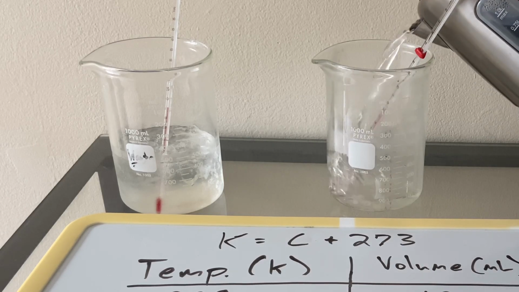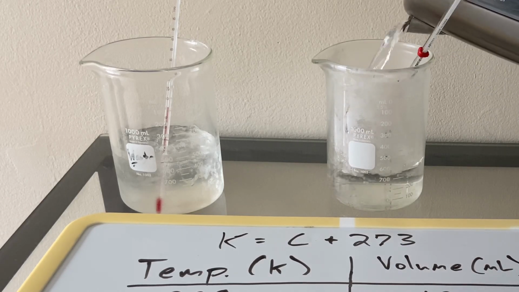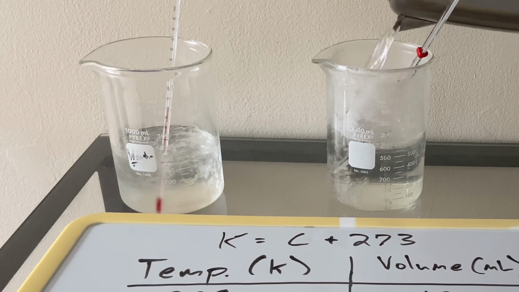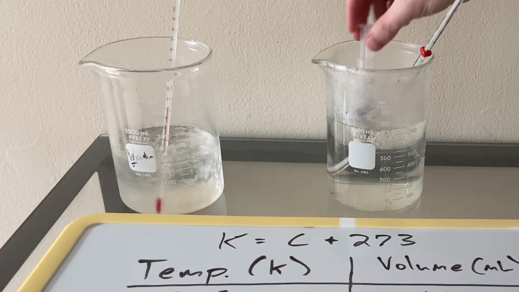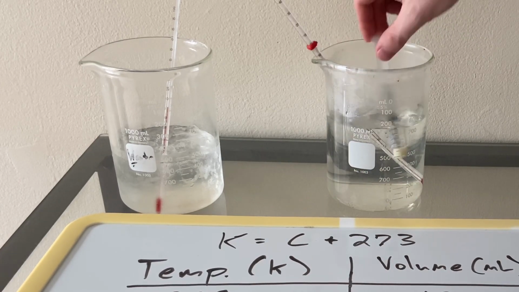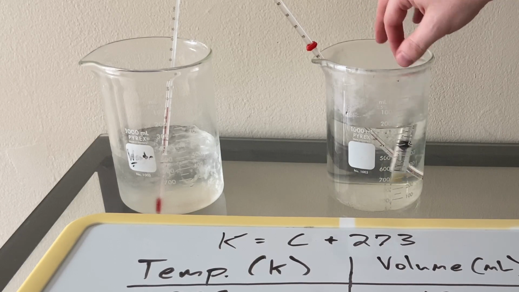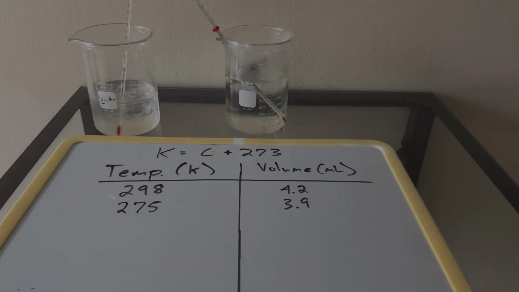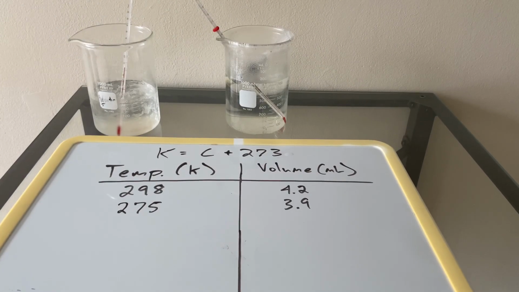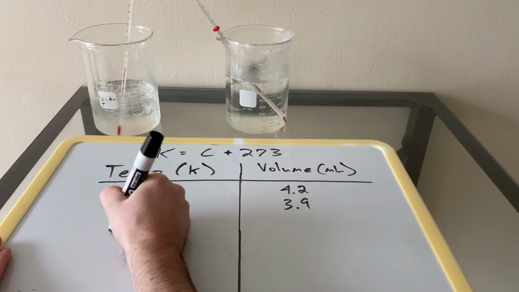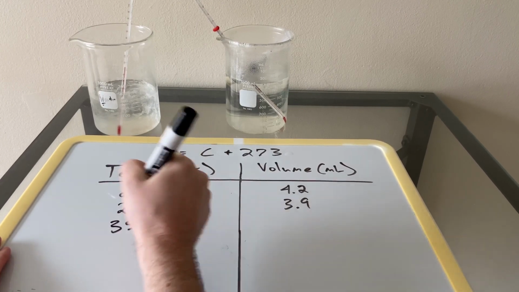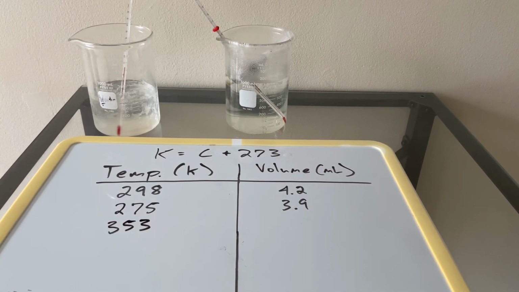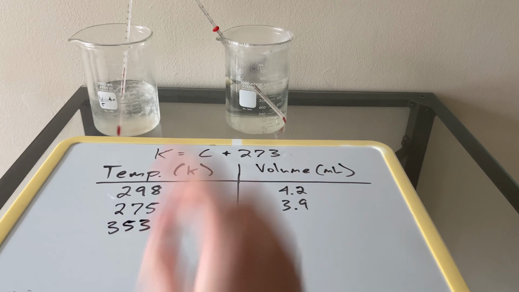And now we're going to try some hot water. We'll let it sit in there for a little bit. So I checked the temperature of the water off camera, and it was about 80 degrees Celsius.